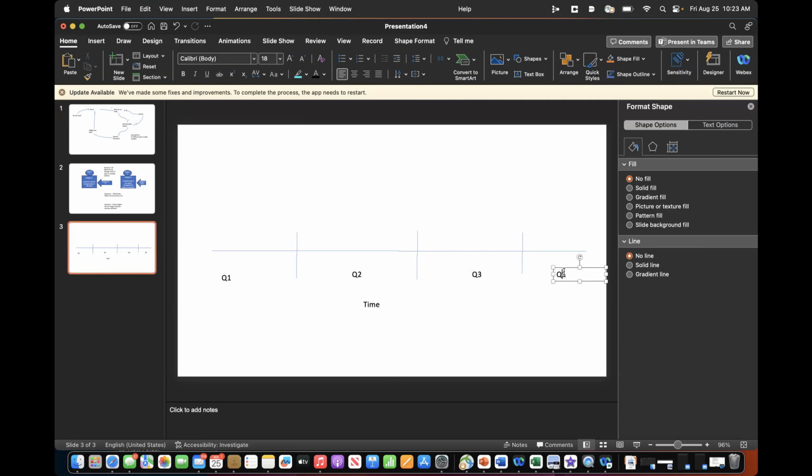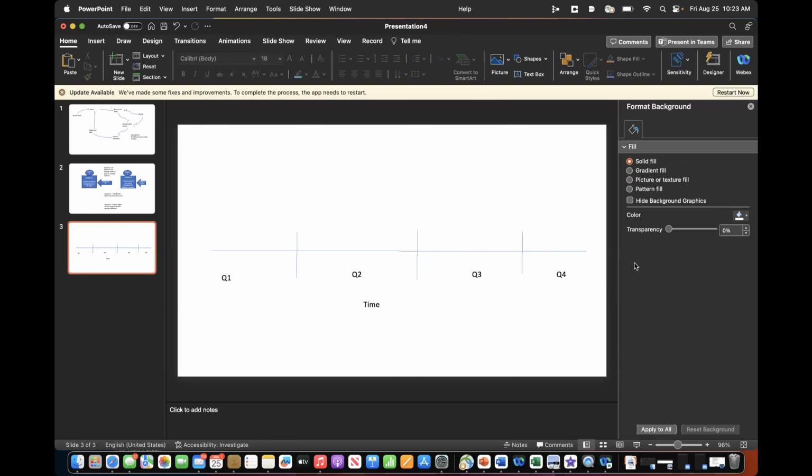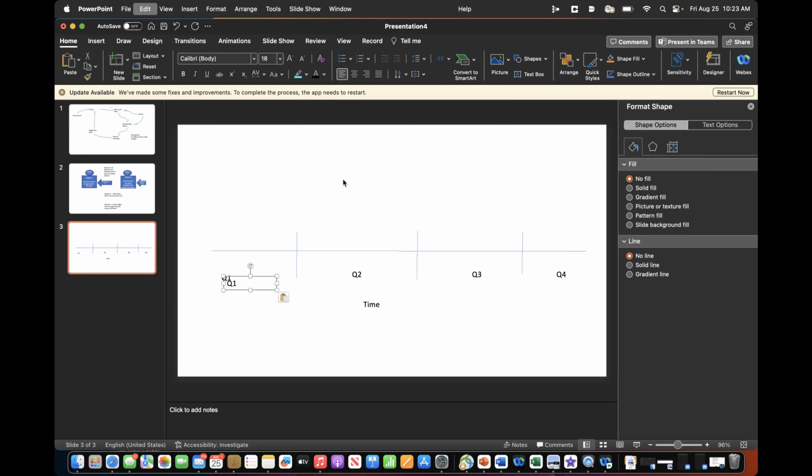Now that we have all the quarters in there, the whole line represents the whole objective. Just as a reminder, I'm going to write the goal for the objective.